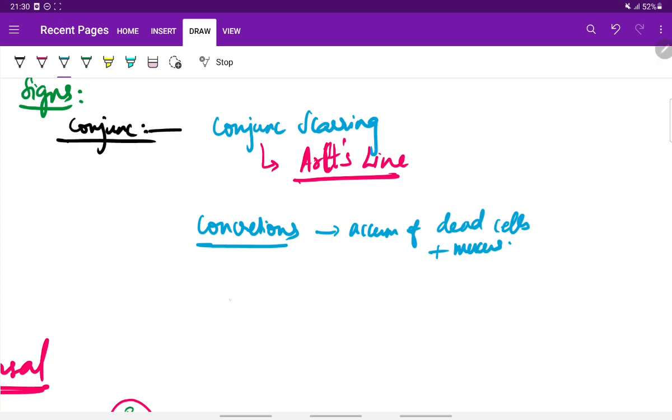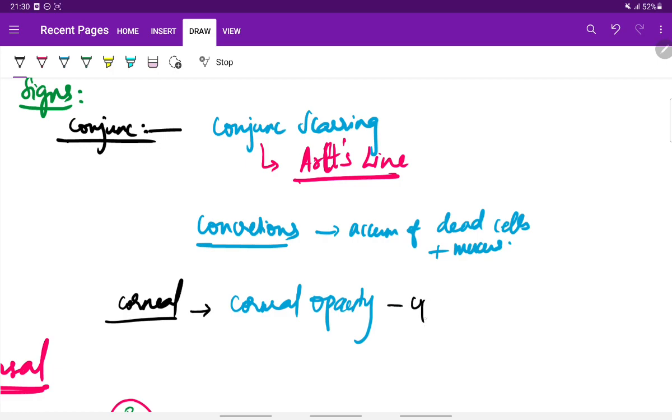So there can also be corneal opacity. This is the corneal sign. Corneal opacity can be present in the upper part, and in this stage there is regressive pannus seen.